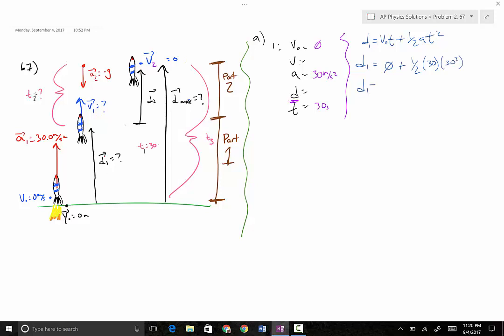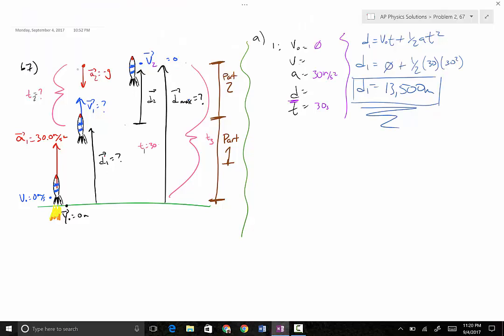If you calculate this, you get that D1 is 30 times 30 squared times 1/2, which is 13,500 meters. But that's just for part 1.